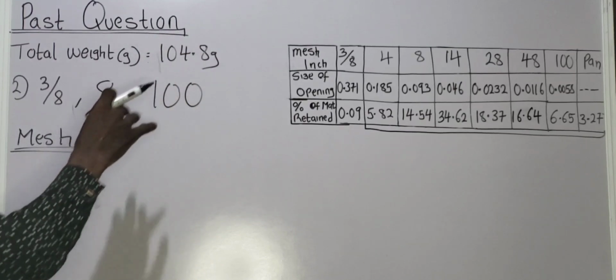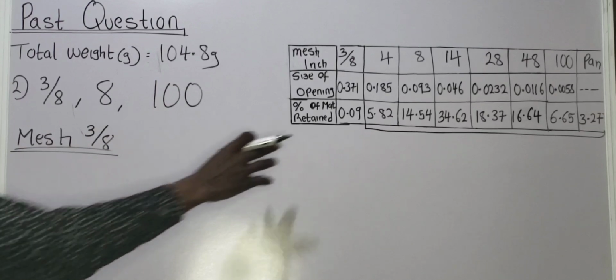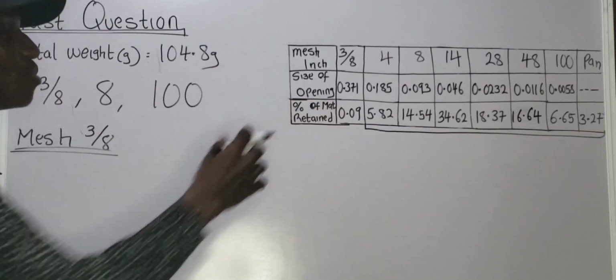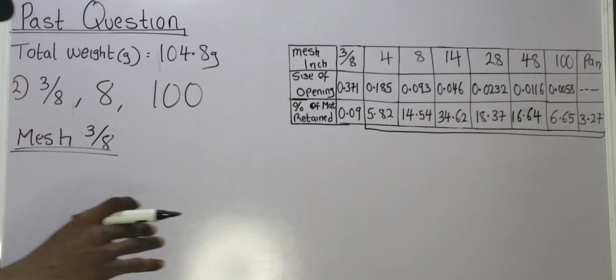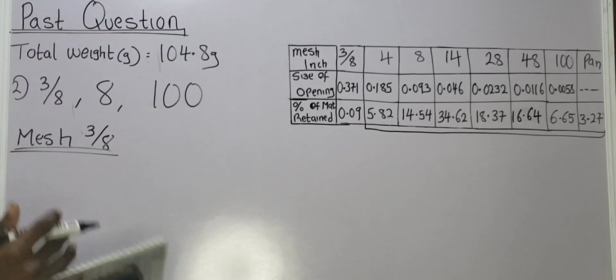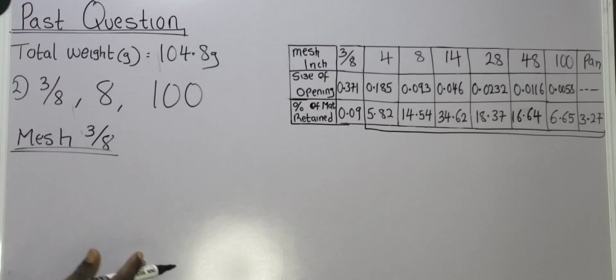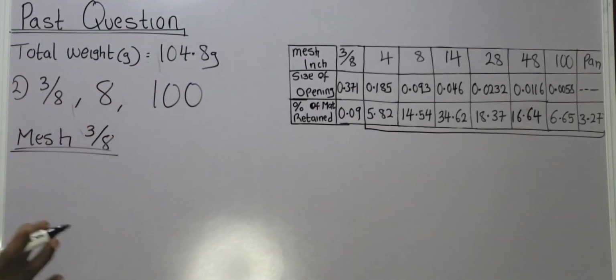So we pour the total amount of this. I want you to know that this is in gram, okay? We have not expressed this in percentage, but here we have already expressed it in percentage. But it doesn't matter. 100% of the materials was poured on this mesh, but mesh 3/8 was able to retain 0.09 out of the 100%. So in order to calculate the amount of materials that pass through mesh 3/8, we have to sum up the subsequent material that is in other mesh.